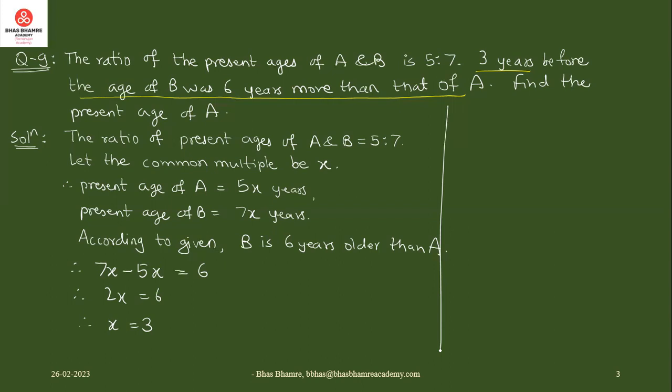Okay. So we can say that therefore, the present age of A is equal to 5 into 3 years, as we have calculated x as 3.